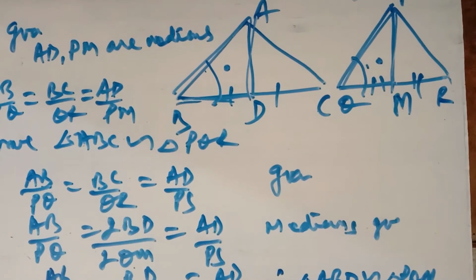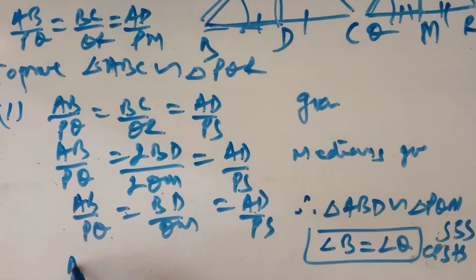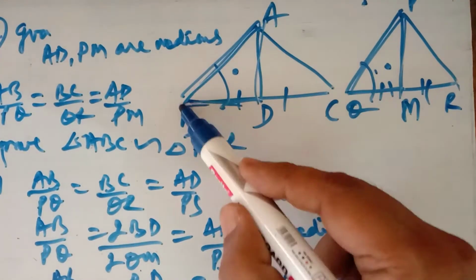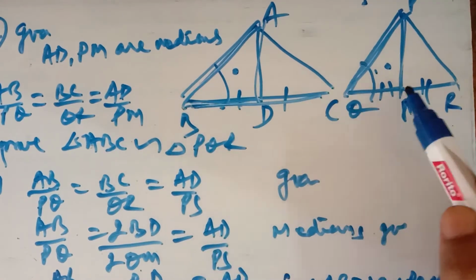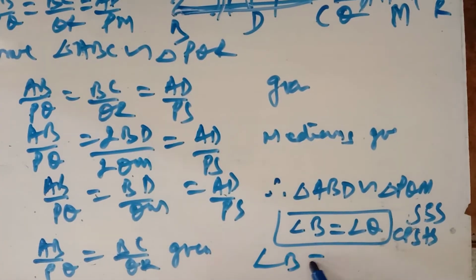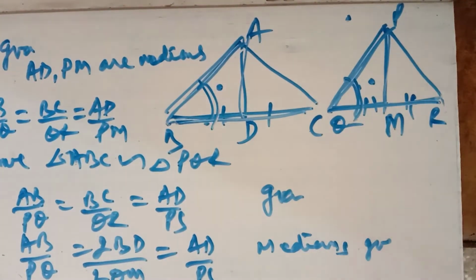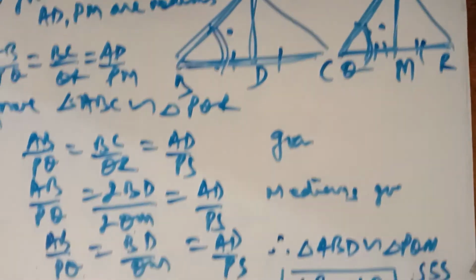Now we can prove that triangle ABC will be similar to triangle PQR because AB upon PQ is equal to BC upon QR, it is given, and angle B is equal to angle Q. So these two triangles ABC and PQR are similar by SAS similarity.